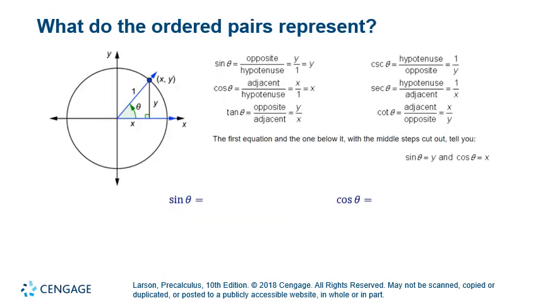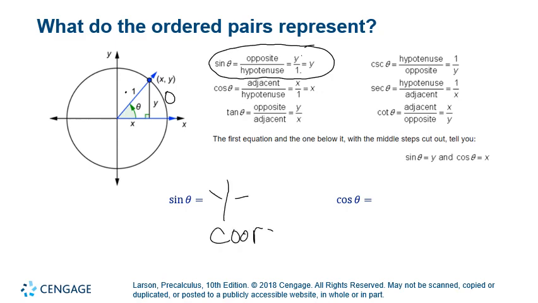Now the interesting part about this, what comes from the unit circle, if you think about sine being opposite over hypotenuse, this is our theta, then this is our opposite side, or y. And our hypotenuse is 1. So our sine values are just our y coordinates. We can pull those right off the unit circle.